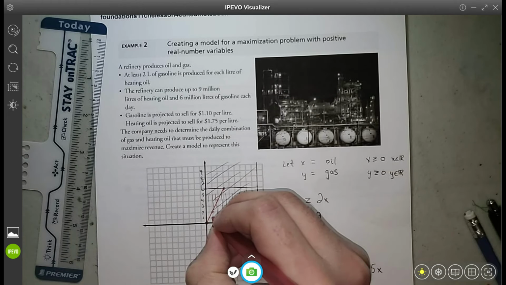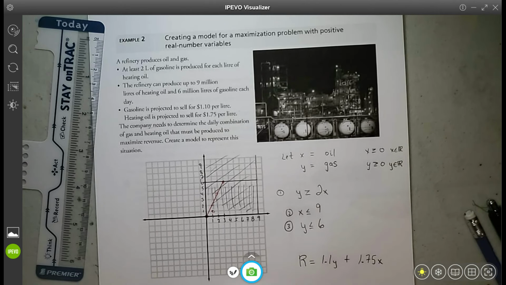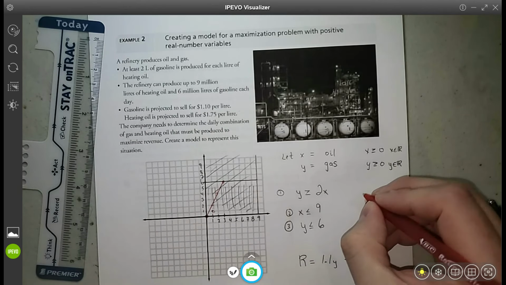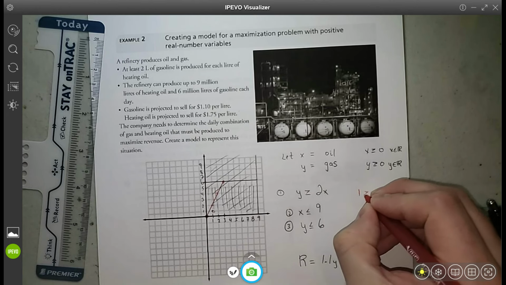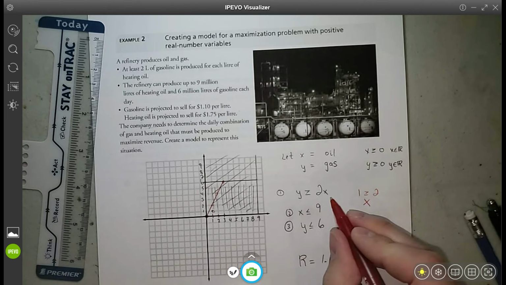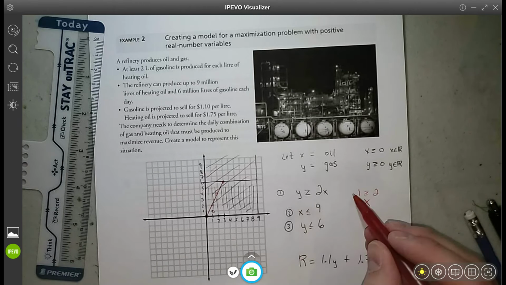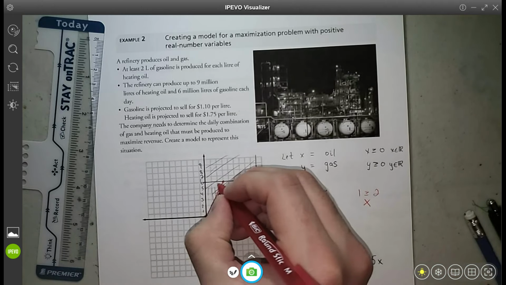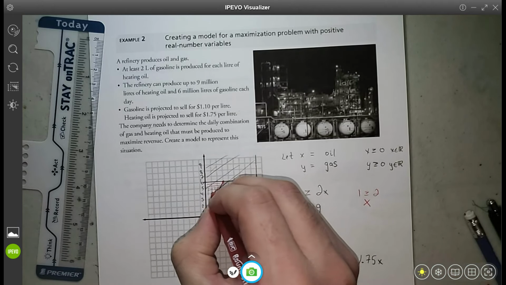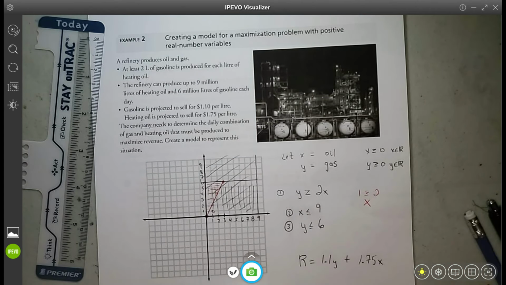We'll take 1, 1. We'll check our test point, and we plug in 1 and 1 for x and y, and we get 1 is greater than or equal to 2. This is not the case, so we shade in that area there.